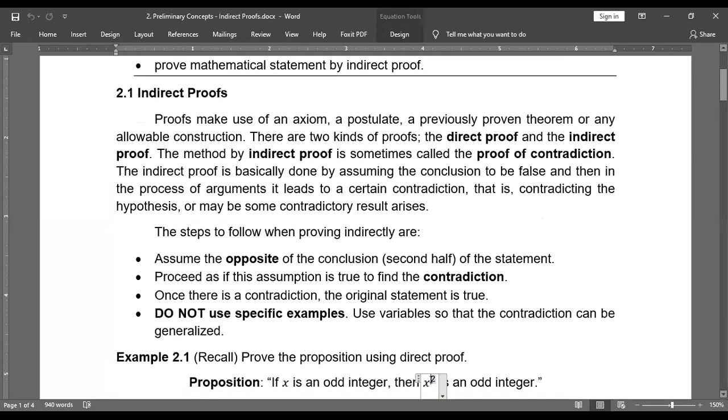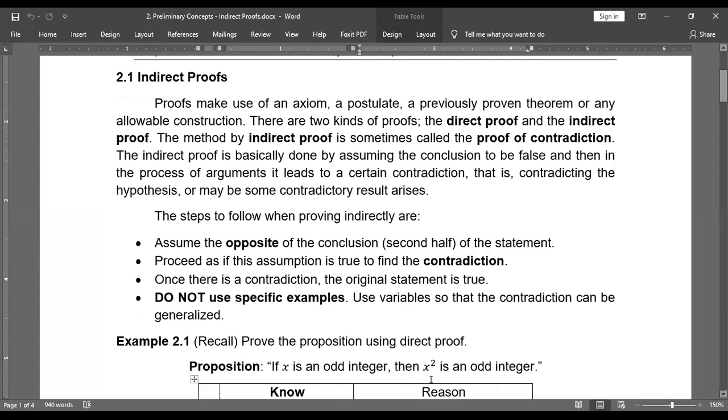So to start with, let's recall first our direct proof. If you remember, we discussed how we prove statements using direct proof, with the use of the no-show table. So this is the statement: if x is an odd integer, then x squared is an odd integer.